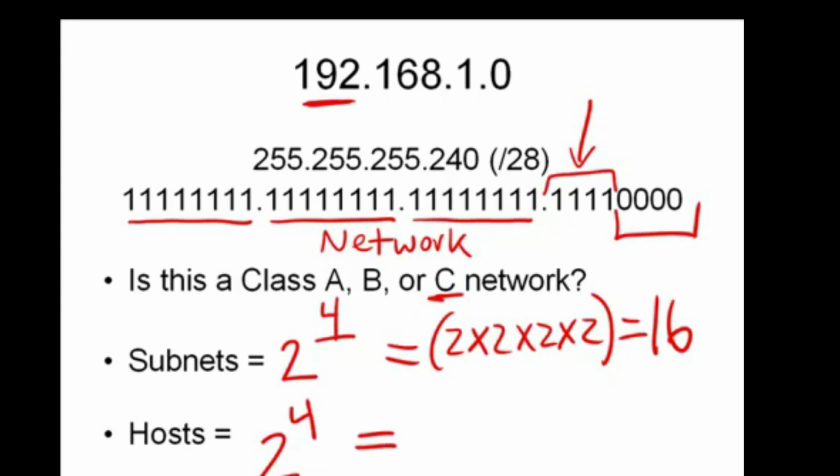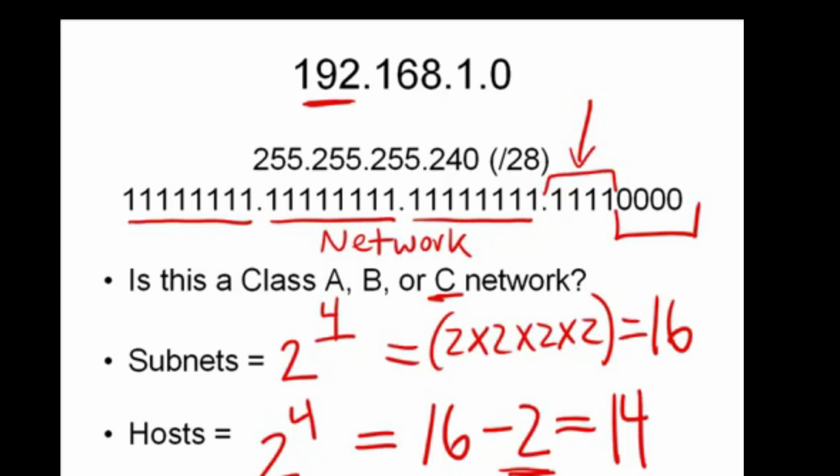We're going to get the same answer. 2 to the power of 4 equals 16 minus 2 equals 14. Don't forget, the minus 2, we're subtracting the network number and the broadcast number in order to find the number of valid hosts. Okay, so that's it. We've determined that by using this subnet mask, we can create 16 different subnets, and each subnet is going to have 14 valid hosts.